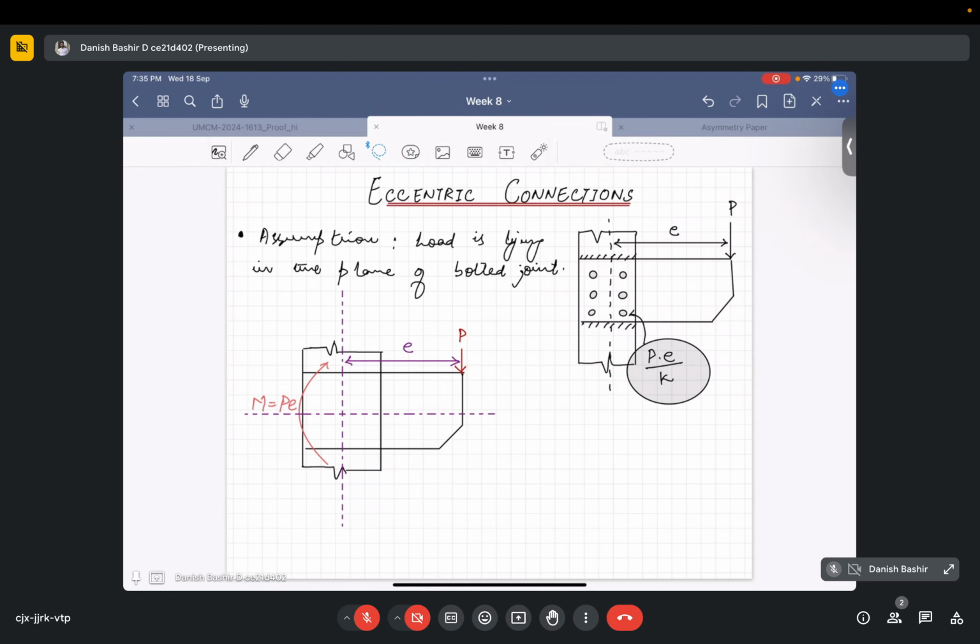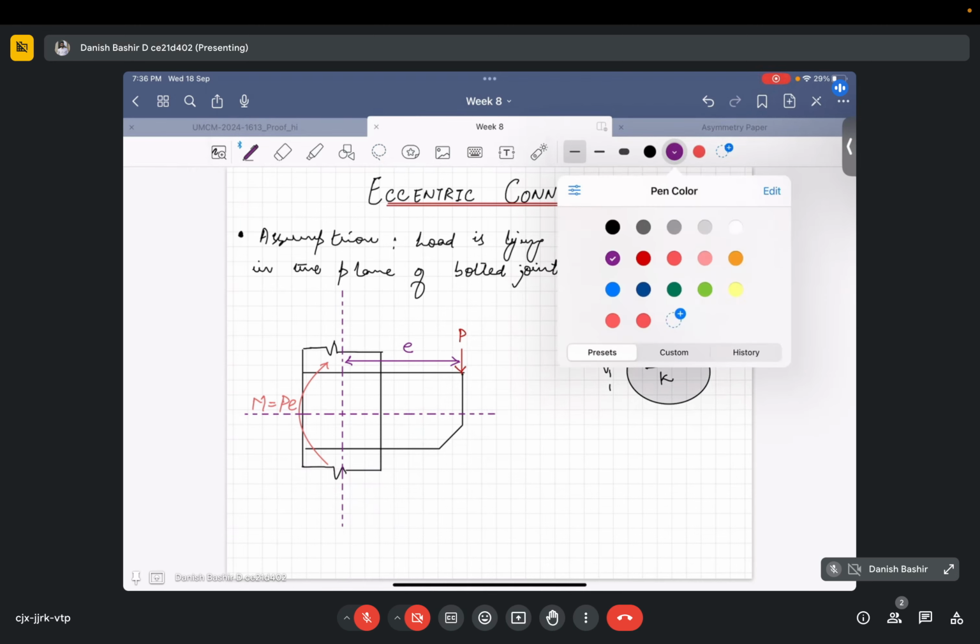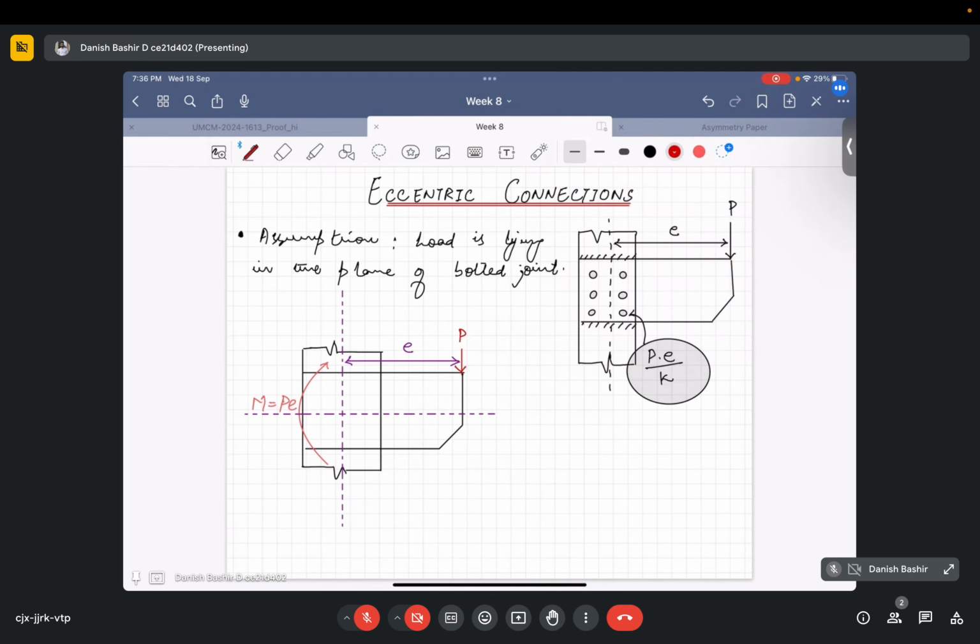Okay, so let's assume there are 6 bolts given there: 1, 2, 3, 4, 5, 6 bolts are there.